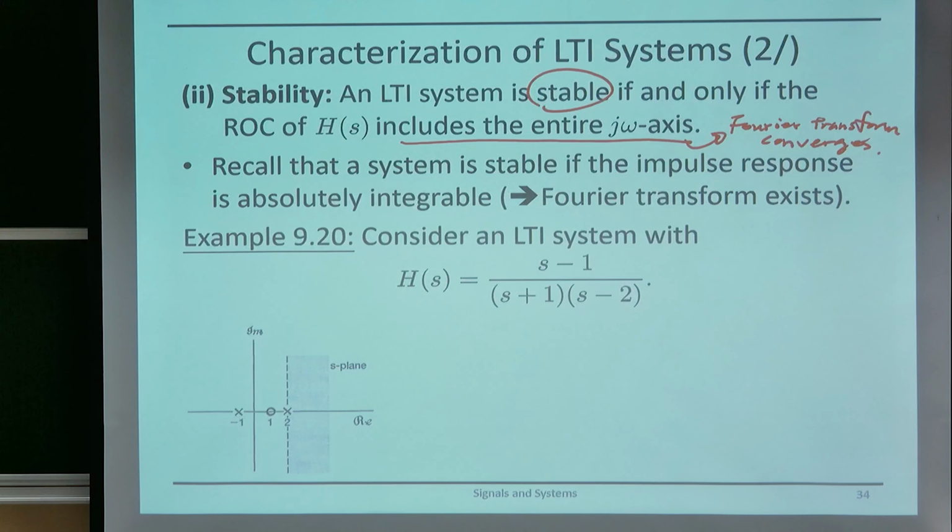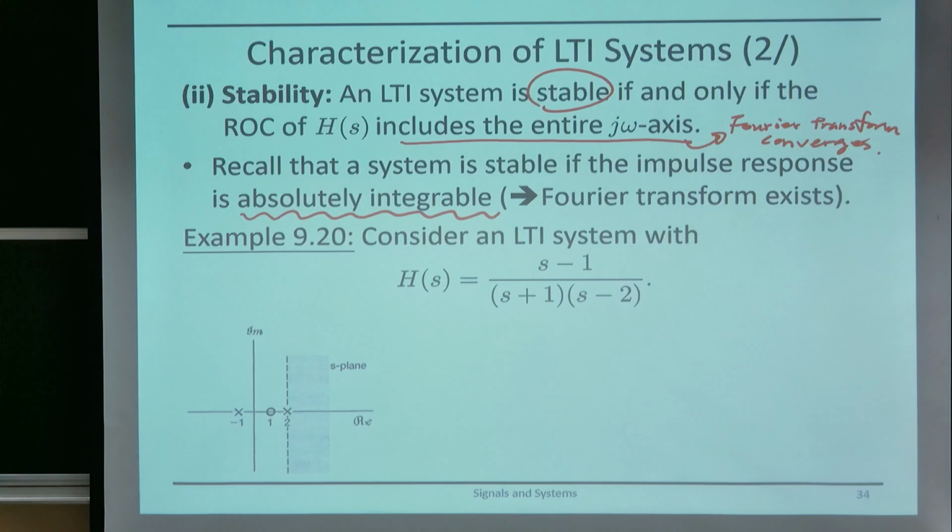Now, why is it that for a stable system, the Fourier transform must exist? This is because for a system to be stable, its impulse response must be absolutely integrable.